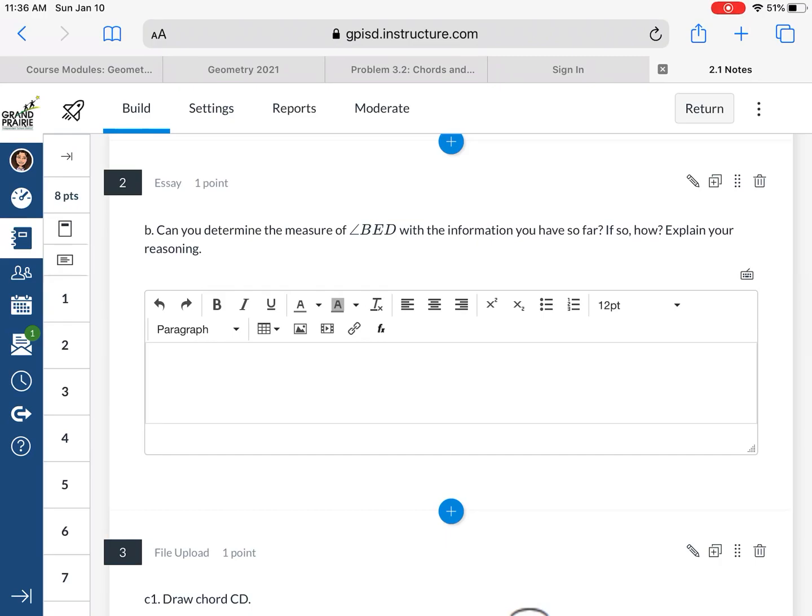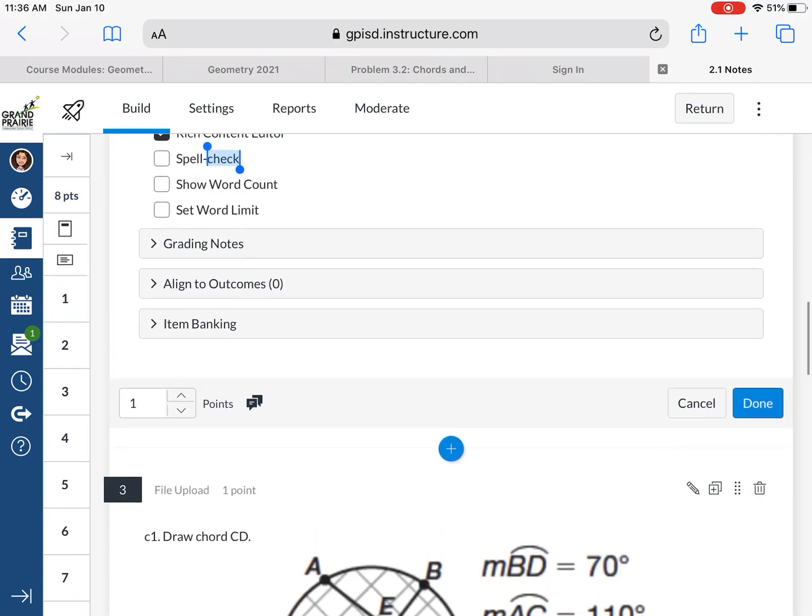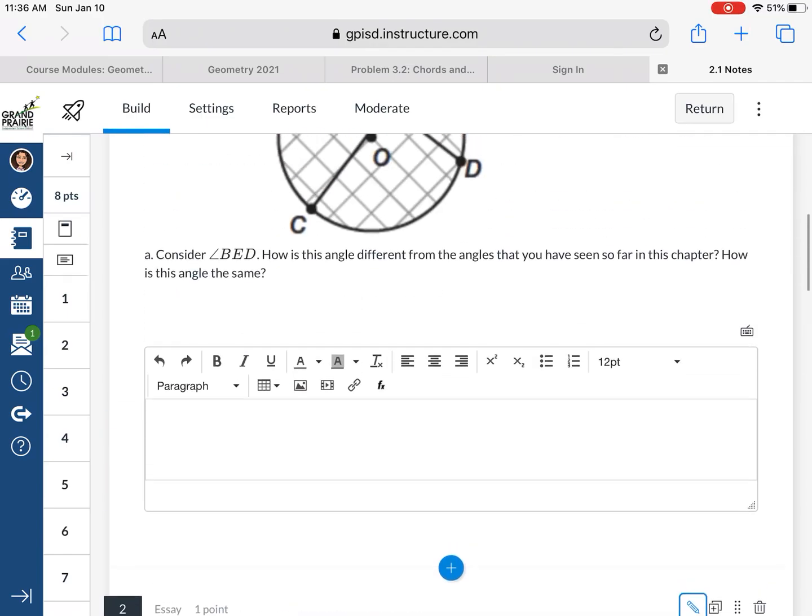Do you think we have enough information? Take a moment and think. Well, if you said no, you are correct. We don't have enough information to determine the measure of angle BED. And so we would have to see what else we should know to be able to say what the measure of that angle is.